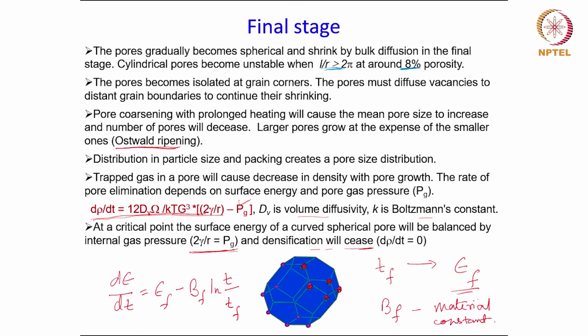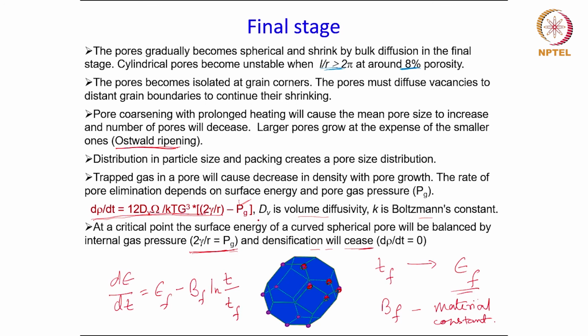And finally, we had seen that the densification rate depends mainly on two parameters. One is the surface energy gamma, and the other one is the pore gas pressure, if there is a trapped gas inside the pore. So this trapped gas pressure puts a limitation on the densification that can be achieved in conventional sintering processes, where no vacuum is used and where it is susceptible for this kind of gas to be trapped in the pores, right?